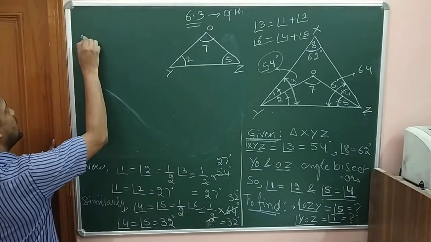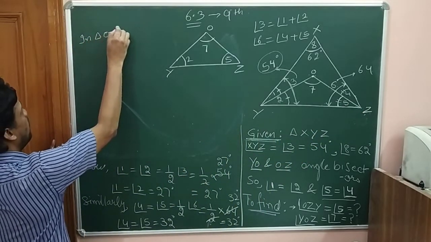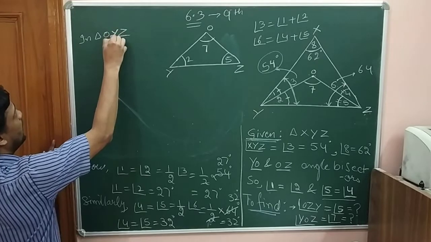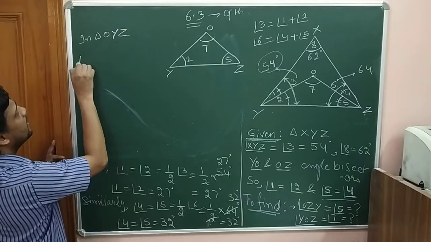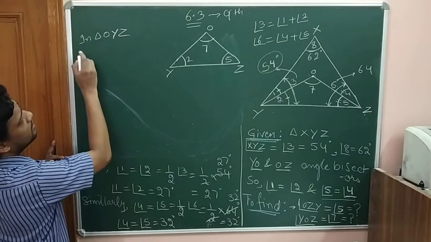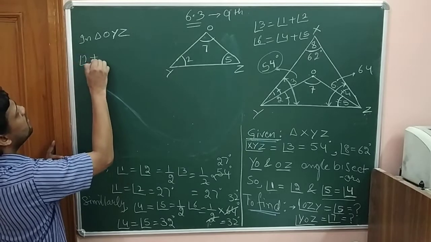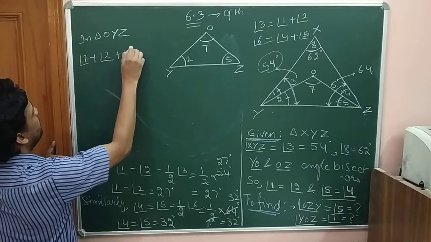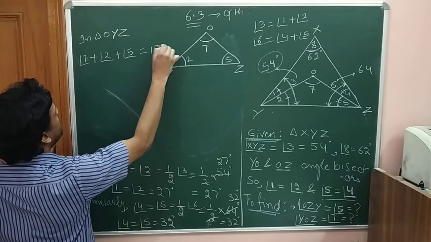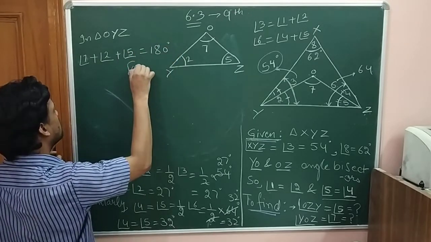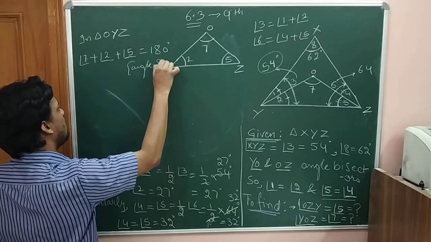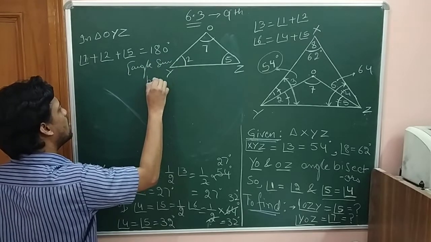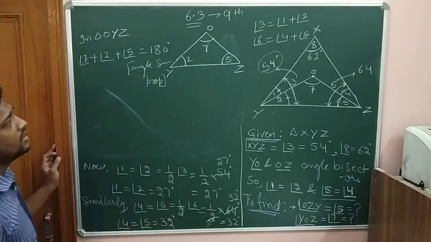So I can write here in triangle OYZ, angle 7 plus angle 2 plus angle 5 equals 180 degrees. The reason? Angle sum property of a triangle.